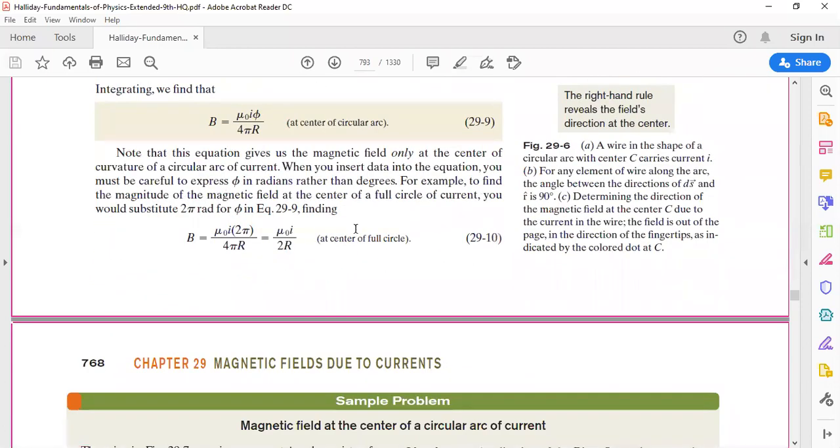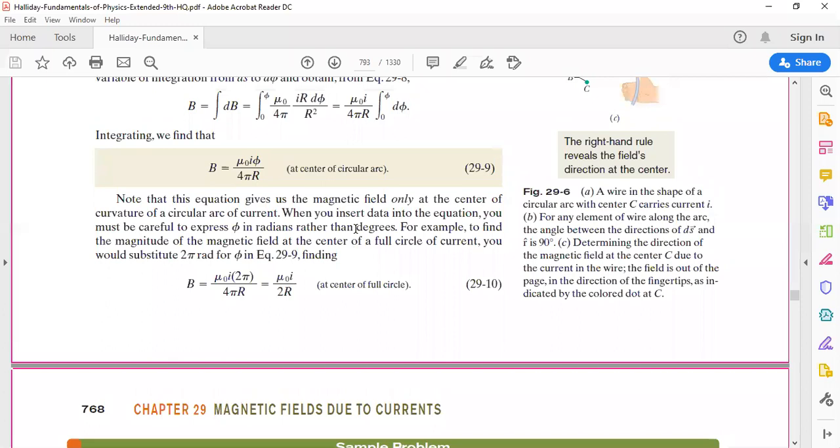Even in medical applications like MRI, magnetic resonance imaging, if someone has witnessed this machine, or you can search on the internet, you will see huge circular wires are used to apply a strong magnetic field on the patient.